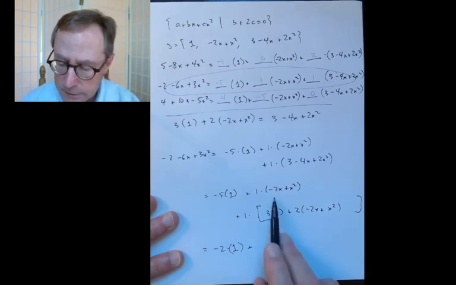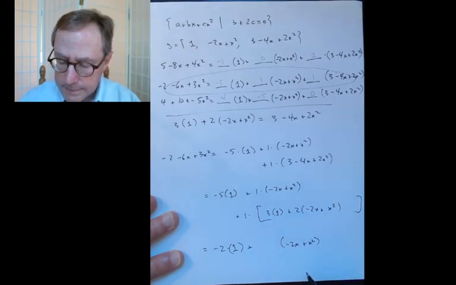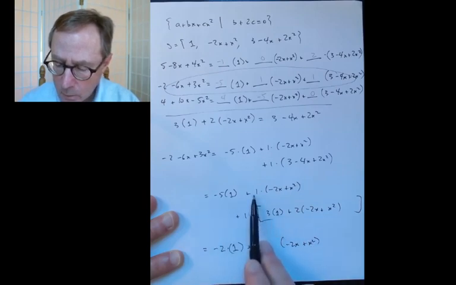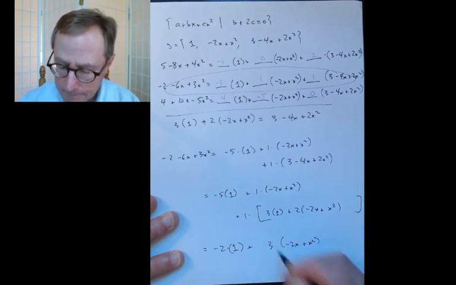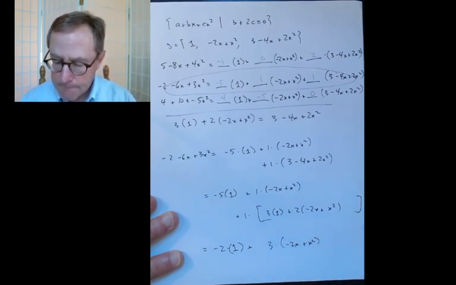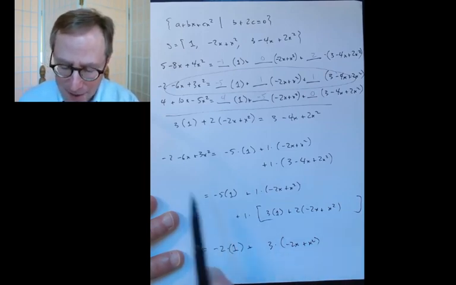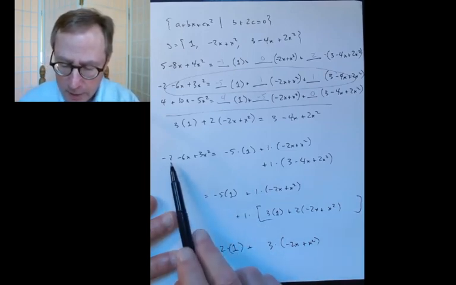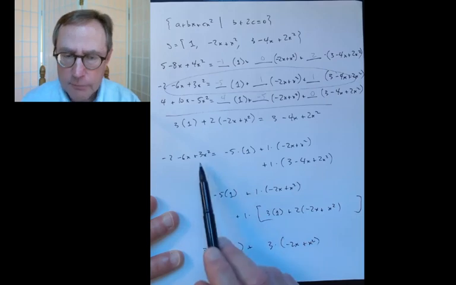And how many minus 2x plus x squareds are there? 1 and 2 more makes a total of 3. And I better check. So minus 2, yes, that's right. What about coefficients of x? Minus 6, that's good. What about coefficients of x squared? 3 and 3, so that's right.